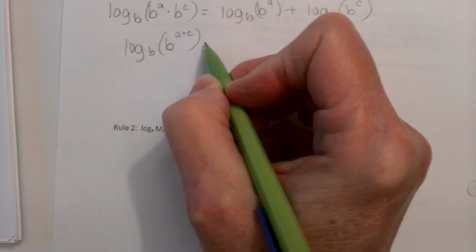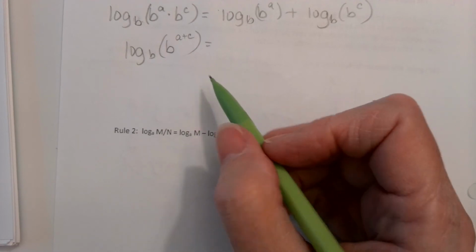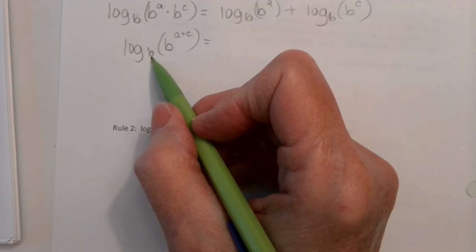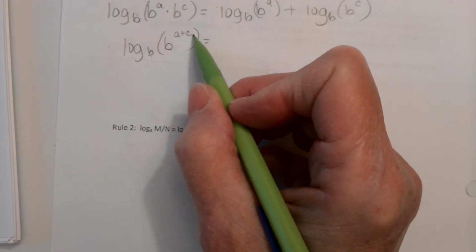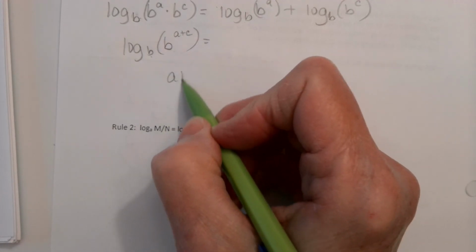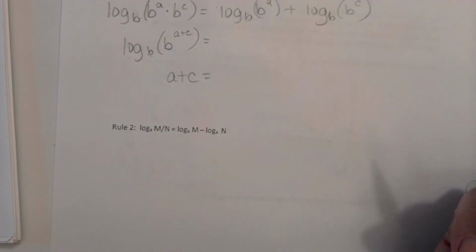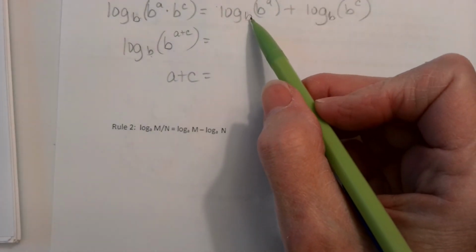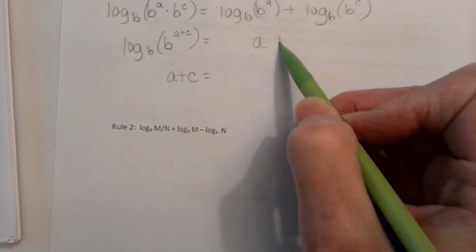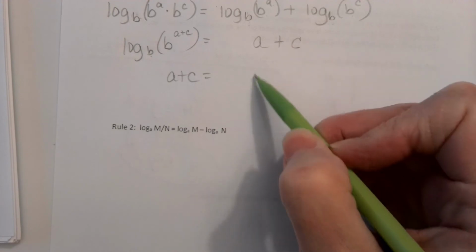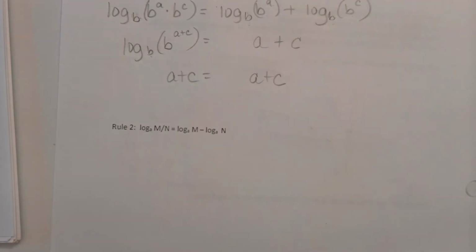Log base b of that. I also already know that when the log base and the base of this expression are the same, the answer is just simply the exponent. Same thing here, and so they are equal.